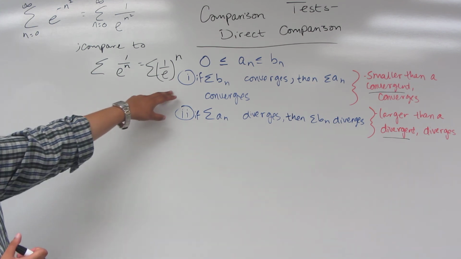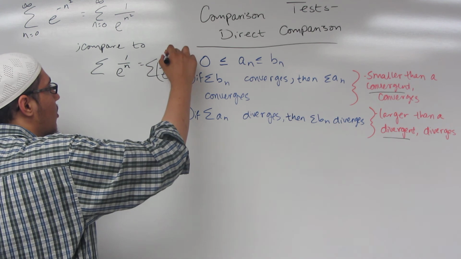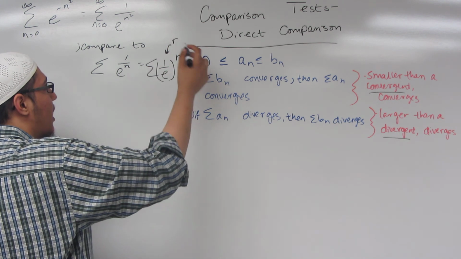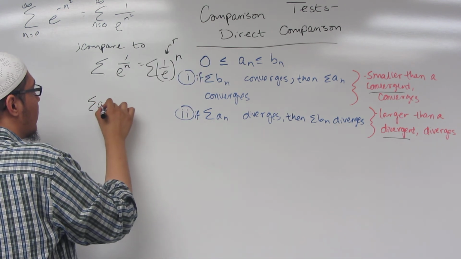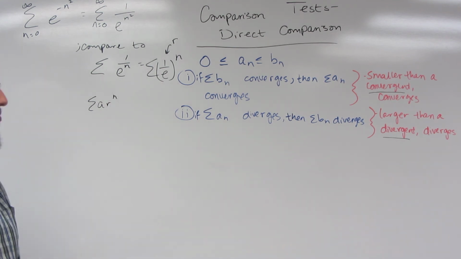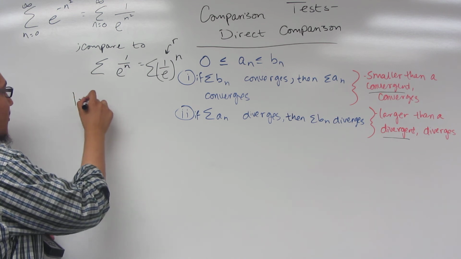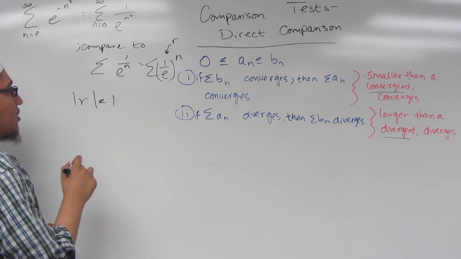All of a sudden, this looks like a geometric series, because we have r to the n power. If we have sigma a r to the n power, we have a geometric series. This is perfect, because for a geometric series, how do I know if it converges? Well, the absolute value of our r term has to be less than 1.